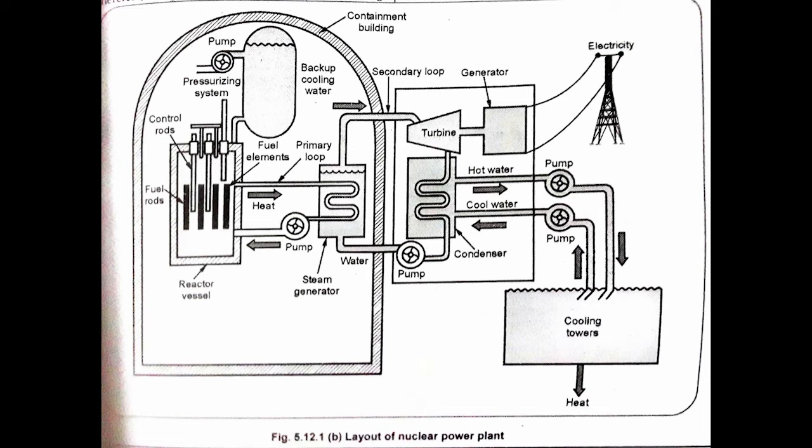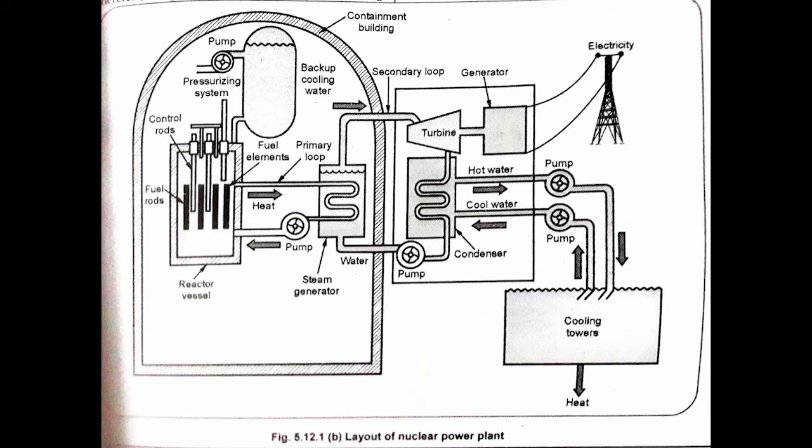When these neutrons are bombarded, a fission chain reaction takes place. This chain reaction can be controlled by controlling the speed of the neutrons, which is done by the moderator rods. These moderator rods are made of graphite.